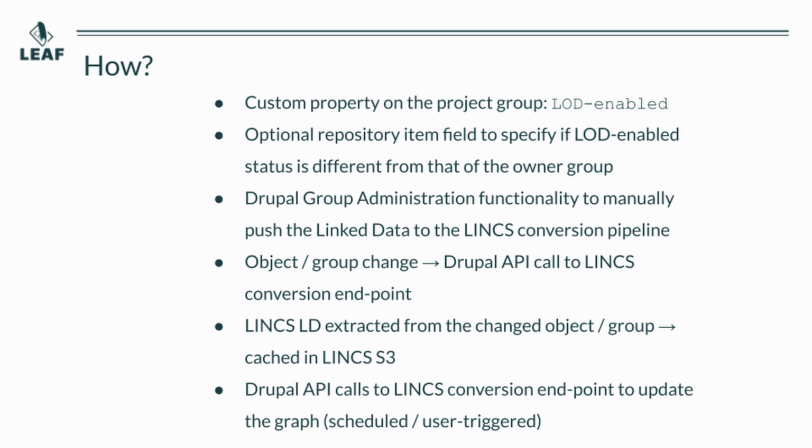The LINCS conversion endpoint would apply the scripts according to the metadata of the object it receives, cache that within a LINCS S3 storage, and then periodically have those Drupal API calls, enabled from the interface, sent to the LINCS conversion endpoint to update the graph belonging to that specific research project within the LINCS Dataverse.